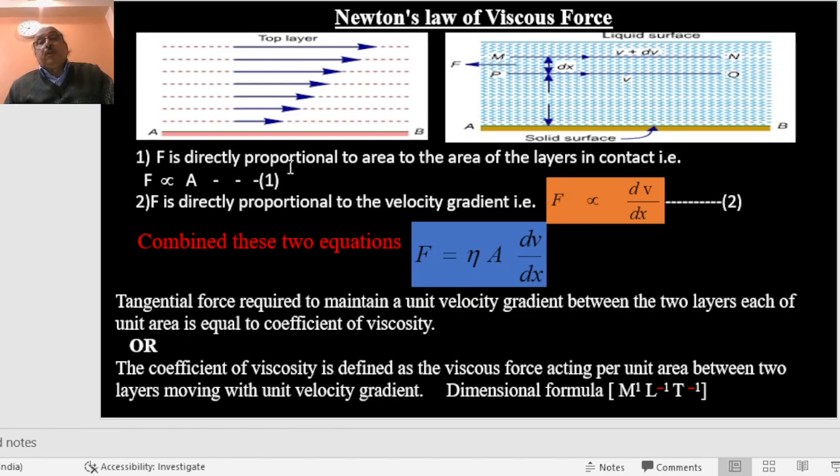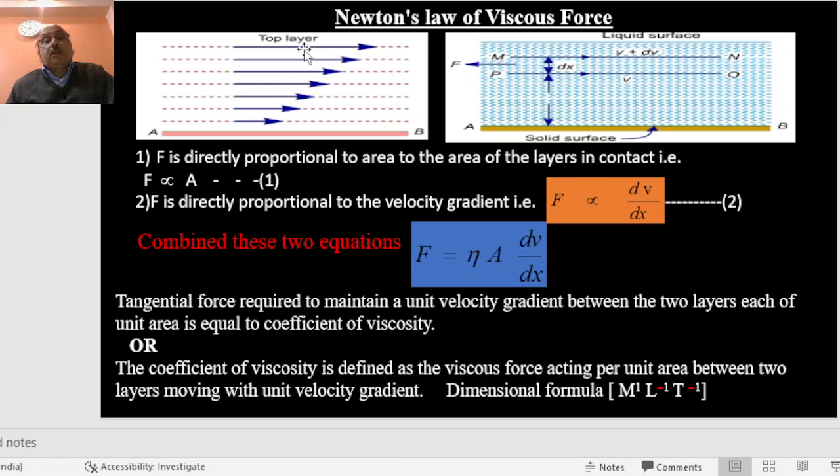So to find out the viscous force, we use Newton's law. It is an important law. Here we are taking the liquid surfaces. The liquid layers are there, and the bottommost layer, AB, is a solid layer. The topmost layer has the motion.